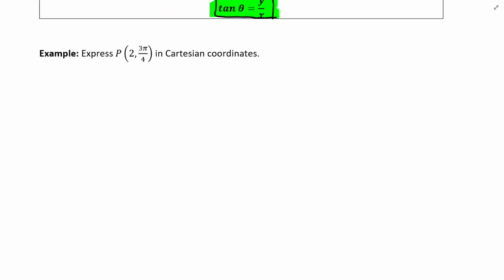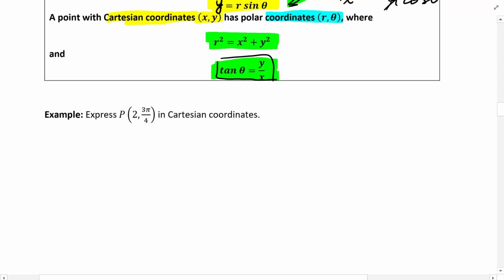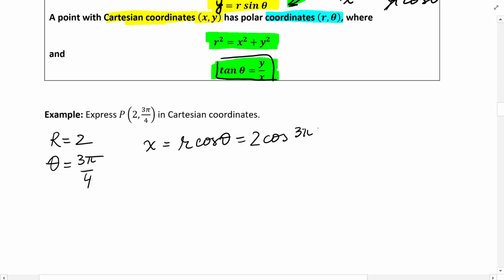So let's do one problem. It says express P of coordinates 2, 3 pi over 4 in Cartesian coordinates. So obviously r equals 2 and theta equals 3 pi over 4. So x equals r cosine theta, which means 2 cosine of 3 pi over 4. So that is 2 times, well, 3 pi over 4 is in this quadrant, right?